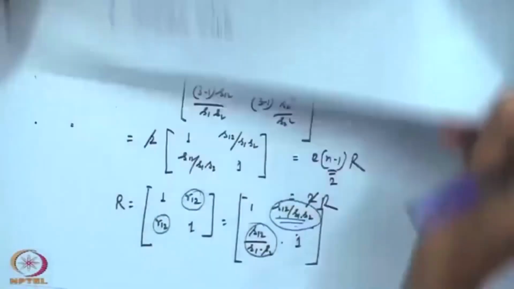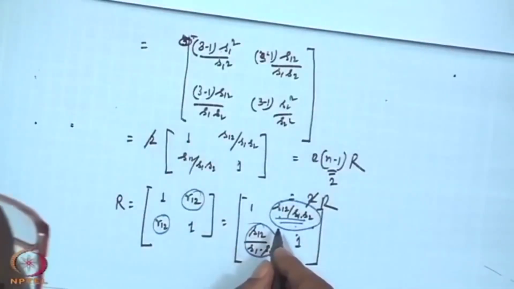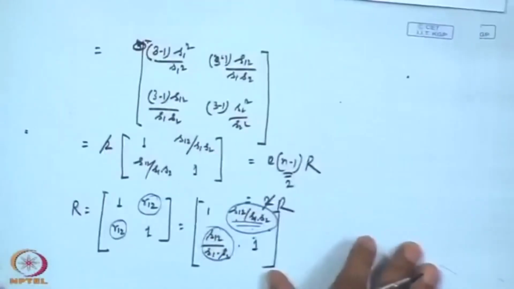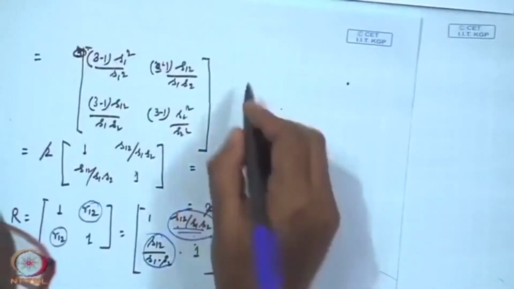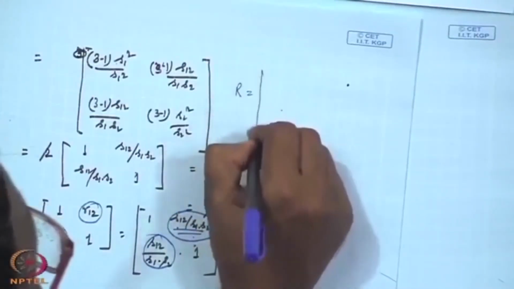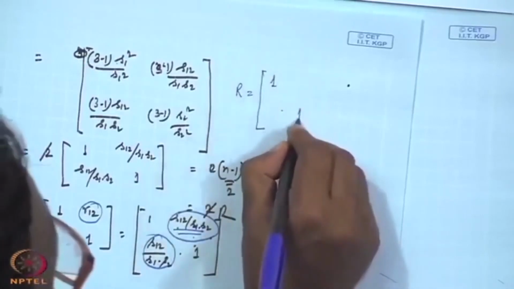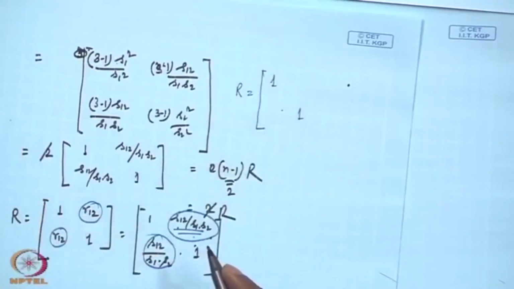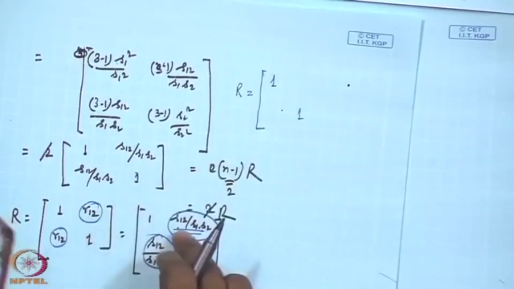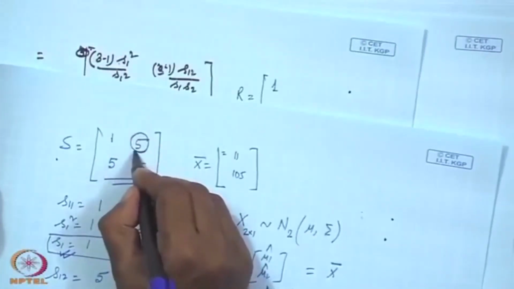Now, for the same data, if I want to compute my r, then what will your r value be? Blindly you can write like this, diagonal elements will be 1 and r12 will be s12. So, s12 is 5.